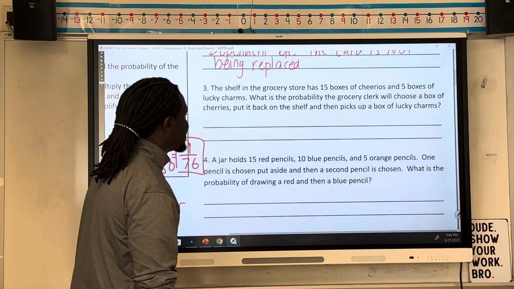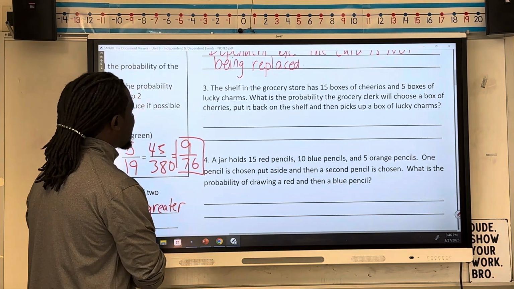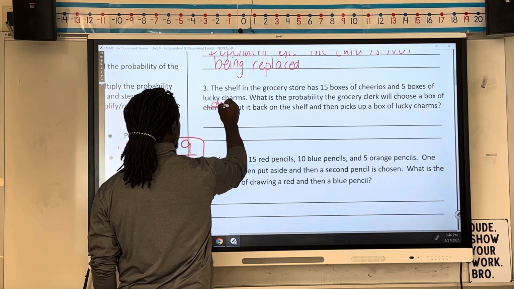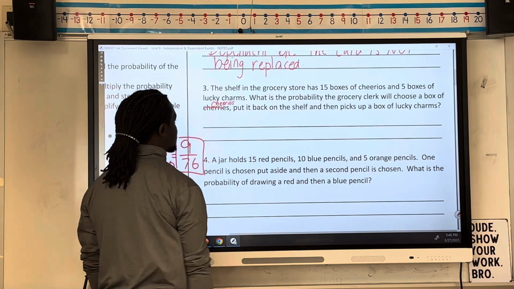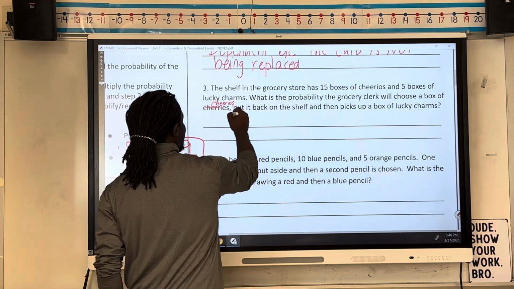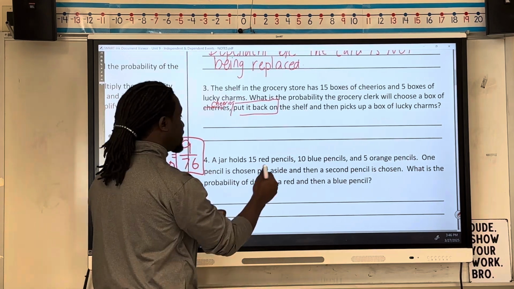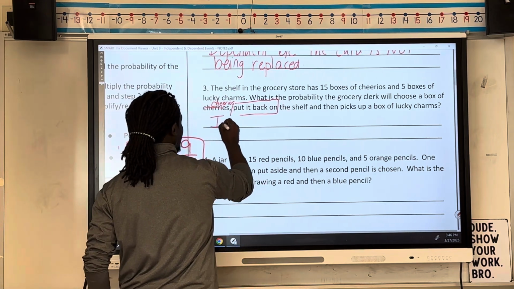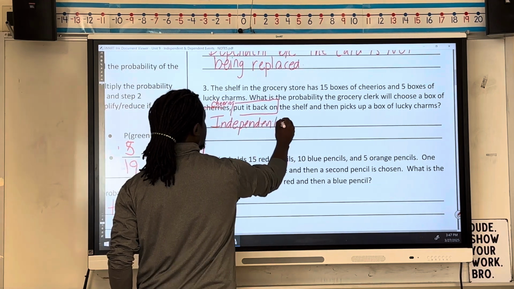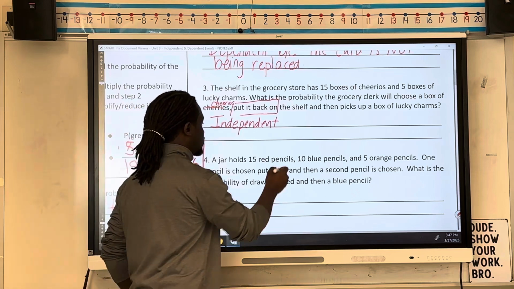What is the probability that the store clerk would choose a box of Cheerios and put it back on the shelf, then picks a box of Lucky Charms? Again, the key here is that we put it back on the shelf. When we put it back, that is independent, because the number of outcomes is not going to change. We picked it up, we put it back, so now we still have the same total.